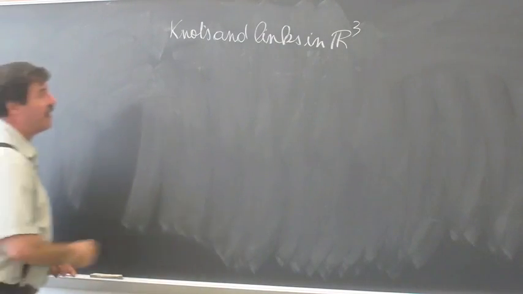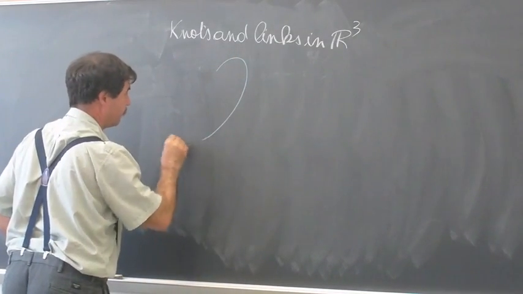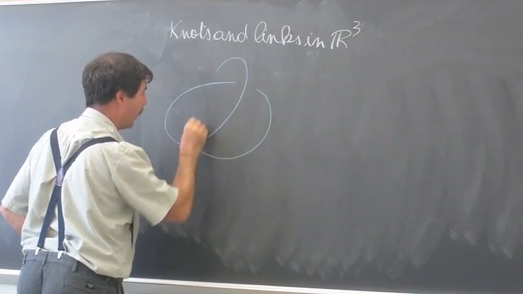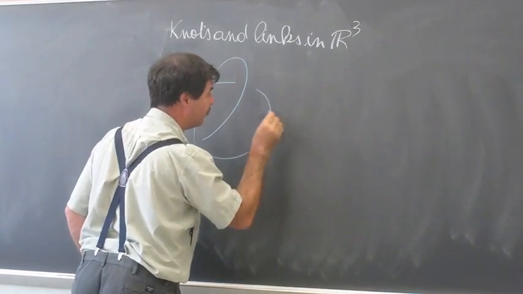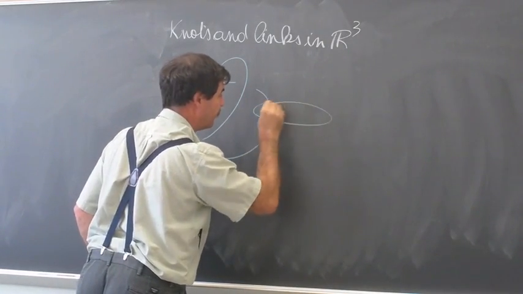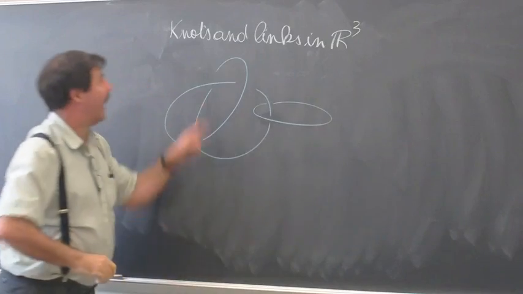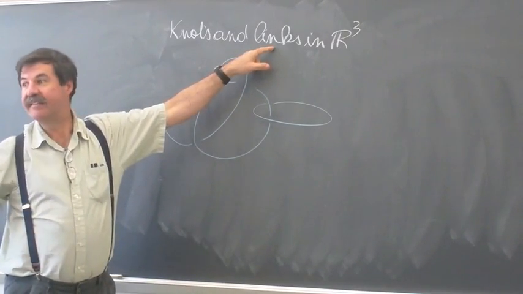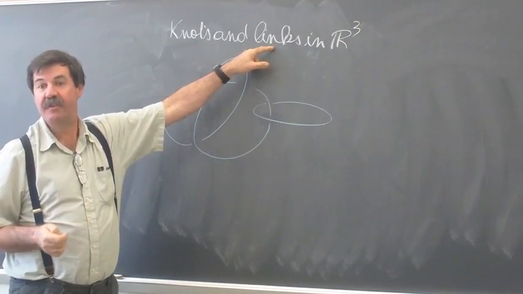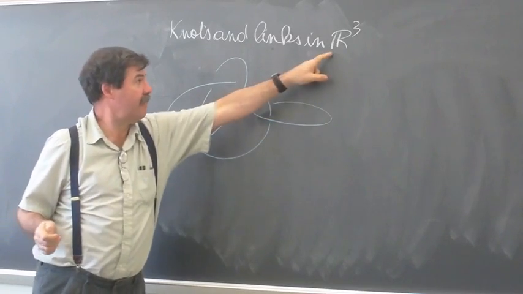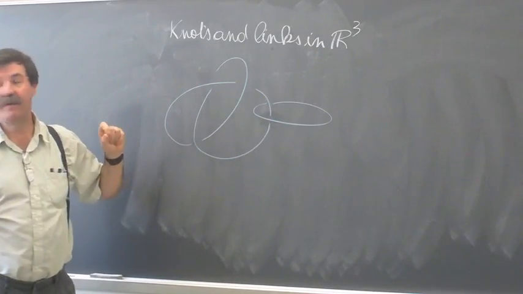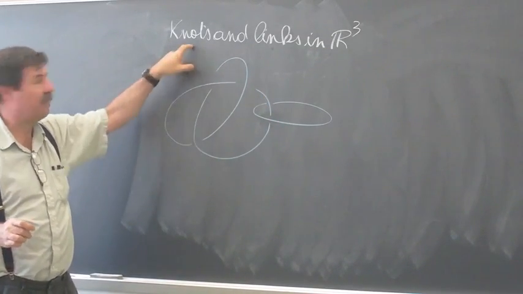So something like this. Okay, that's straightforward. A link is a 1-dimensional submanifold of R3, and if it has only one piece of string, one component, then it's called a knot.